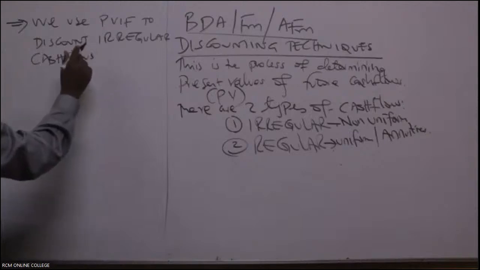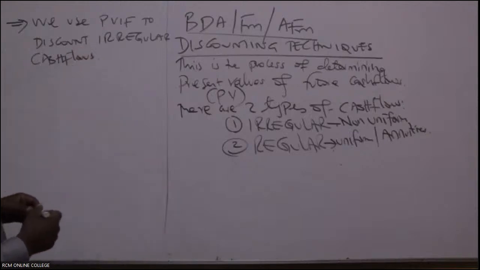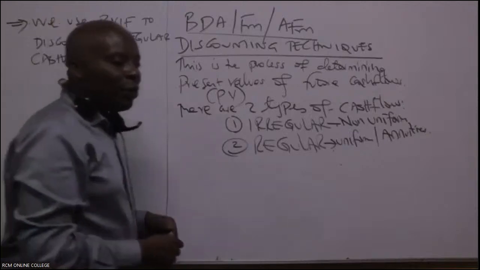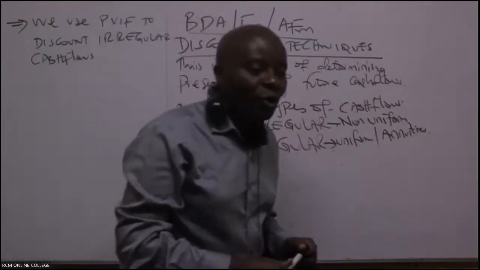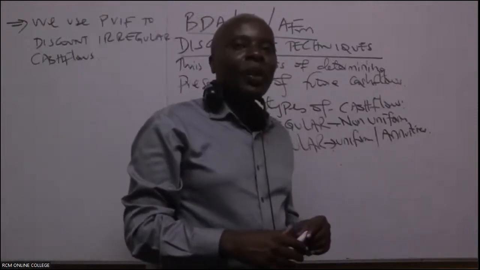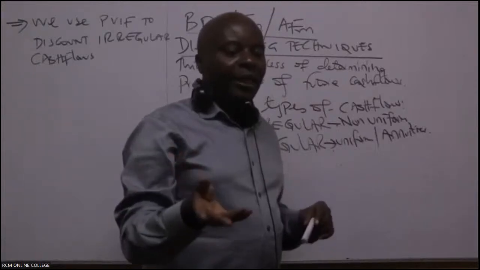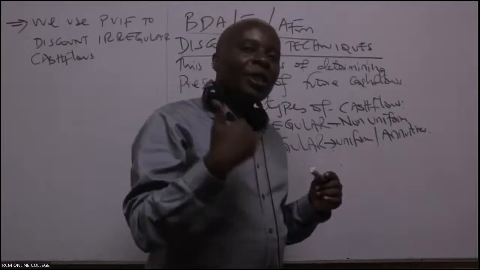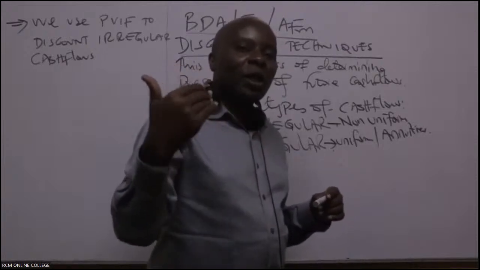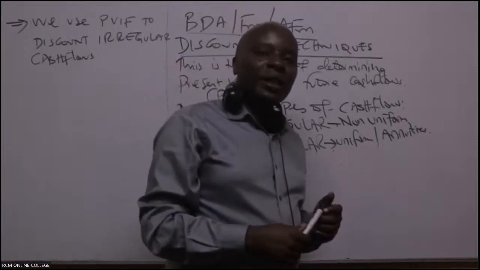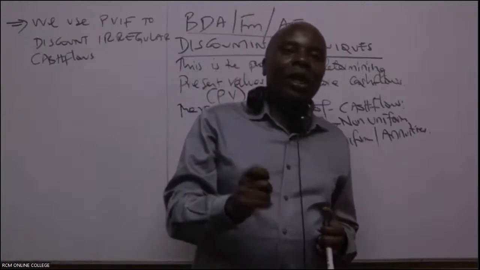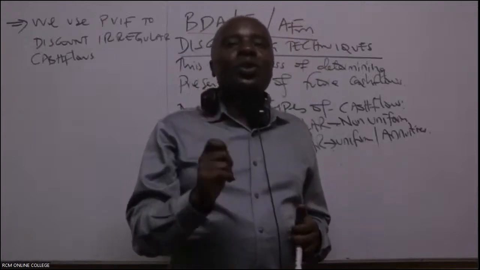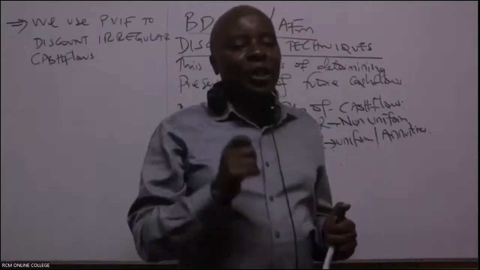Irregular cash flows are which type of cash flows? Today you are getting 10, tomorrow you get 15, another day you get 20, another day a different value. When values keep on changing like that, then automatically we shall call them irregular, and irregular cash flows we shall discount using PVF.